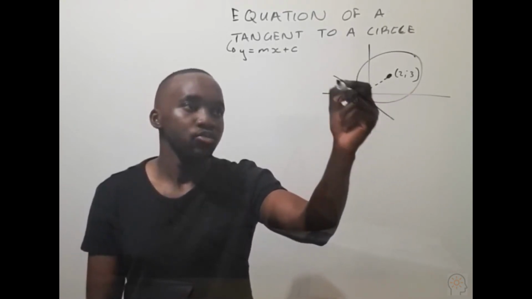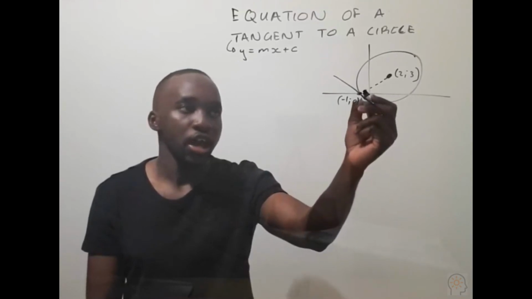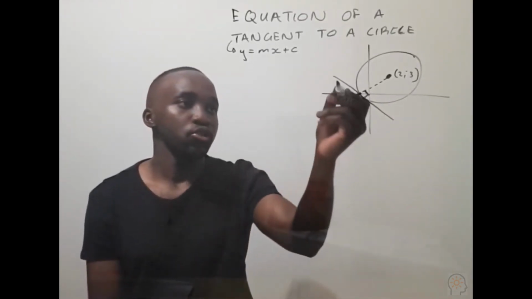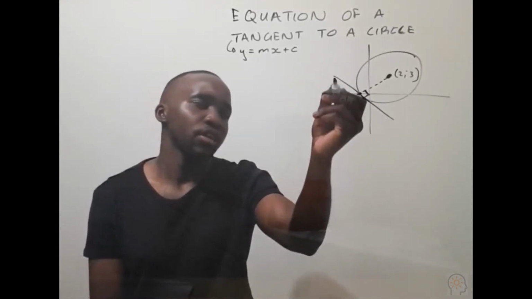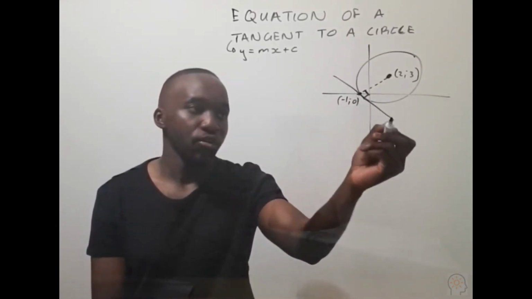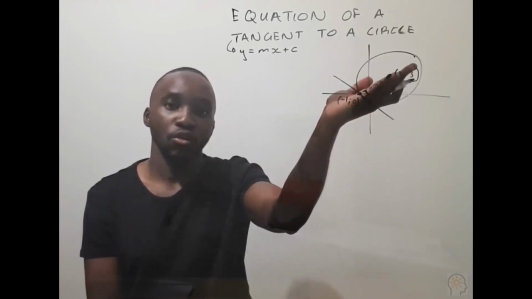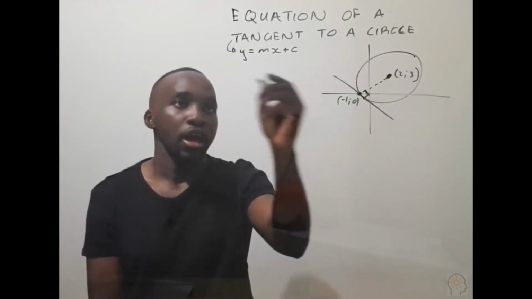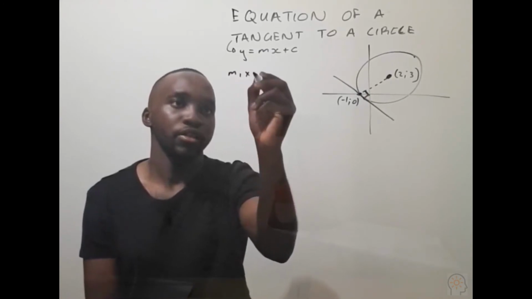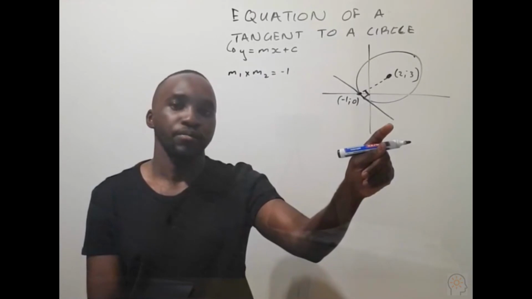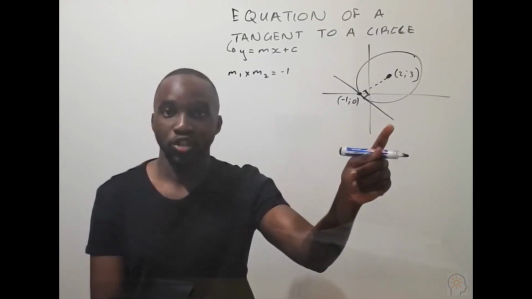So our radius will always meet a tangent at an angle of 90 degrees. That's one of your Euclidean laws. So to work out the gradient of this tangent, we are going to work out the gradient of our radius first, and then use this formula to work out the gradient of our tangent.